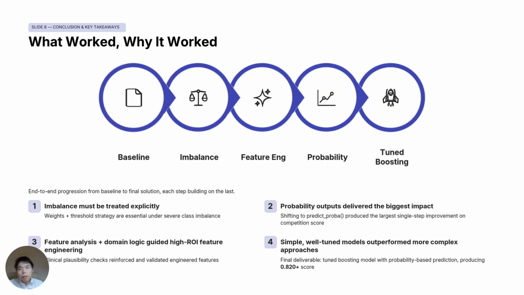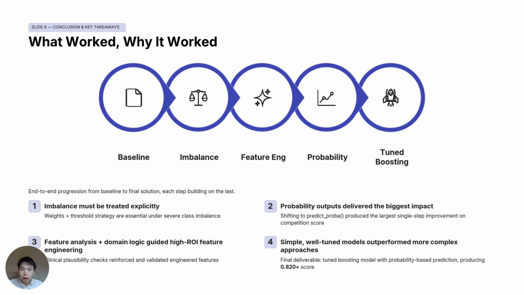To wrap up, I improved the performance step by step: baseline logistic regression, then class balancing and threshold tuning, then feature engineering, then the major breakthrough with probability predictions, and the final model tuning with gradient boosting.